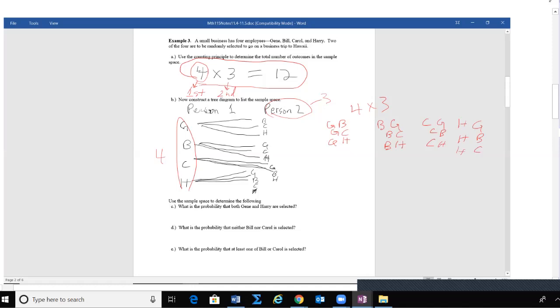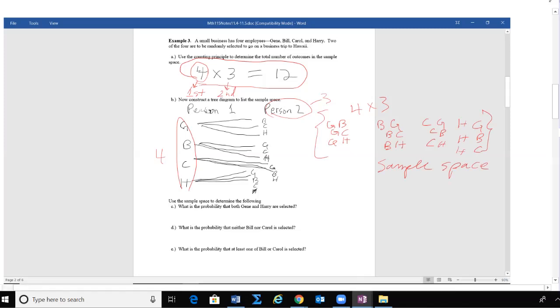So this is your sample space here. There are 12 different points in this sample space. We call each one of these a point. So the tree helps us to decide what the sample space is. You don't need the tree necessarily if you can organize your thought, but the tree helps you organize your thought.